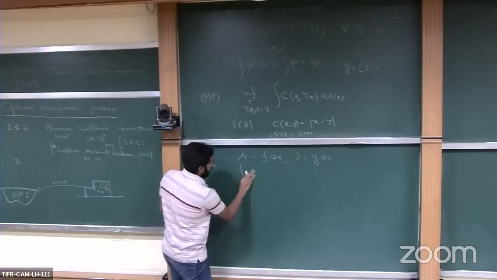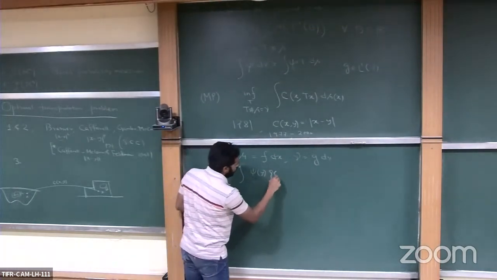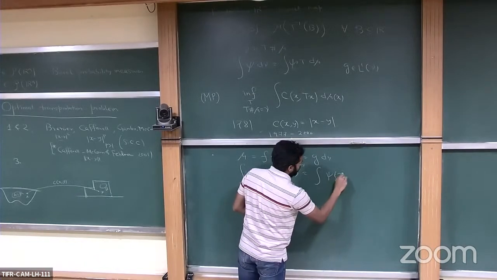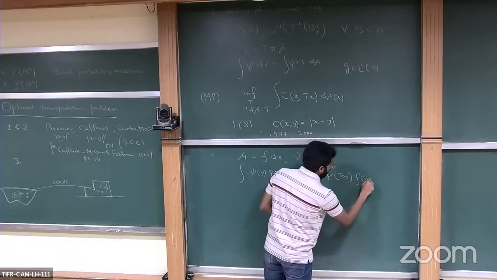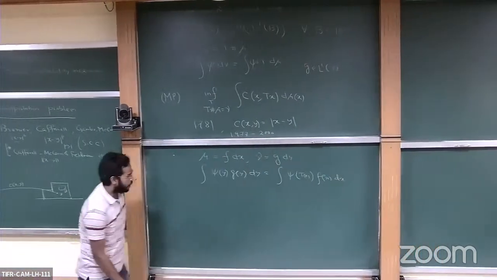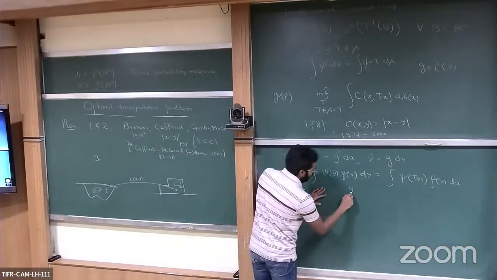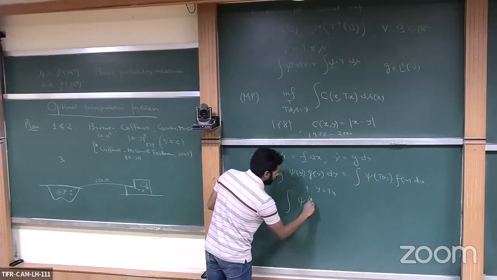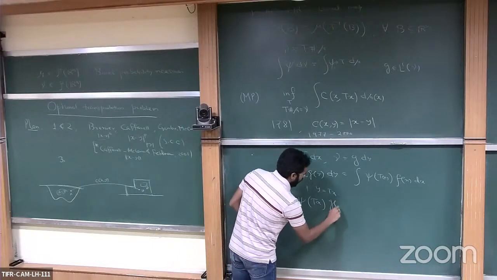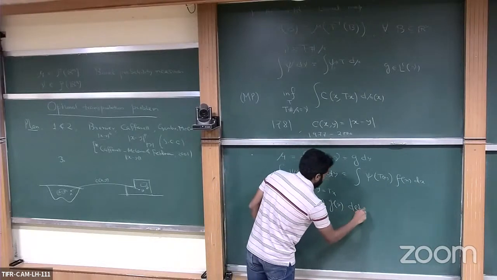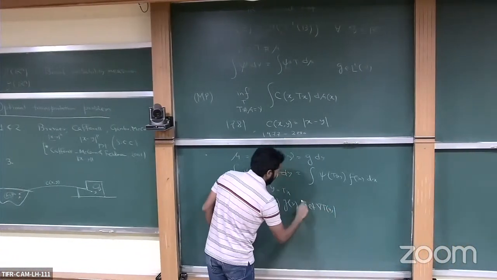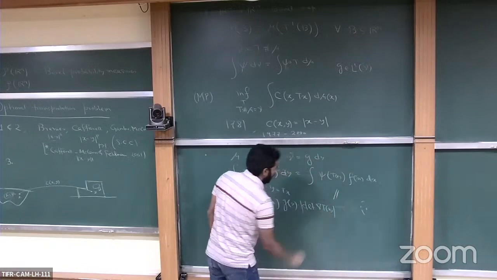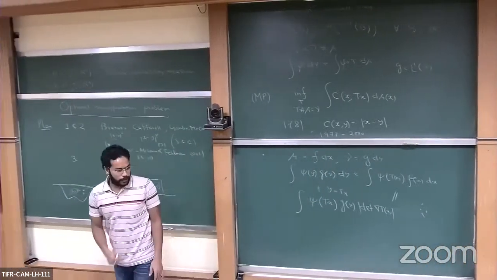So basically the integral of psi(y) g(y) dy is equal to the integral of psi(T(x)) f(x) dx, and if I do the change of variable y equals T(x), then this will become psi(T(x)) g(T(x)) times the Jacobian of T, which is equal to this identity, and this should hold for all test functions psi.